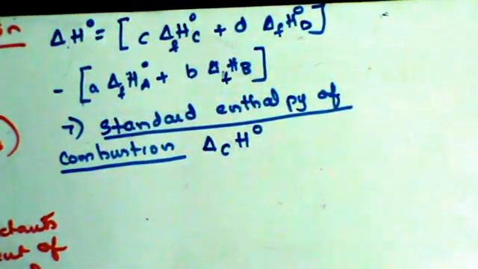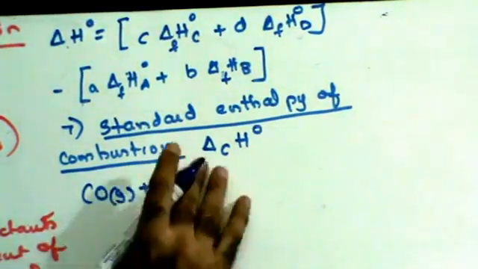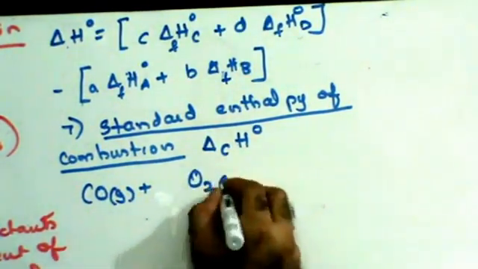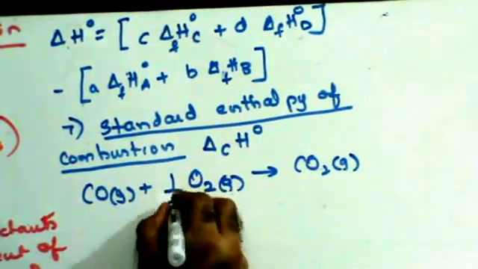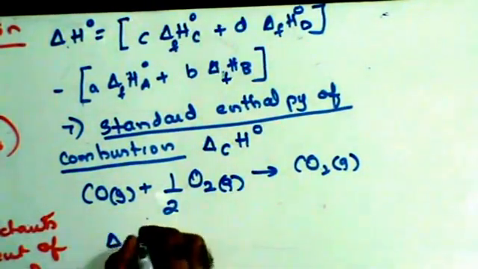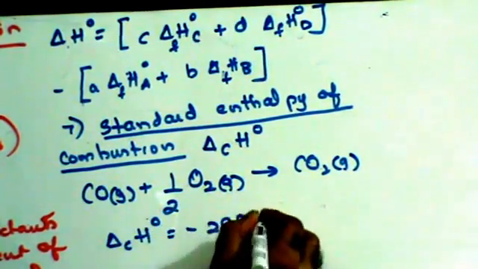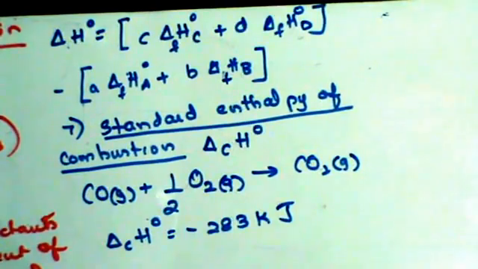For example, suppose I take carbon monoxide gas and burn it in air, I will get carbon dioxide gas. Balance the equation, I need only one oxygen, right? Then the amount of heat energy absorbed or evolved would be called your heat of combustion. So what is heat of combustion? When 1 mole of a substance is burnt in air, the heat change that accompanies it is called heat of combustion or standard enthalpy of combustion.